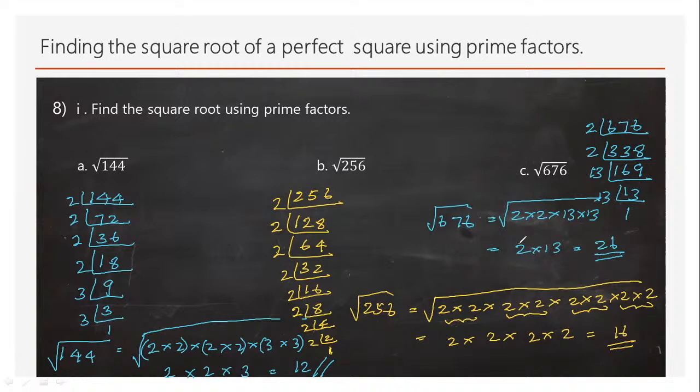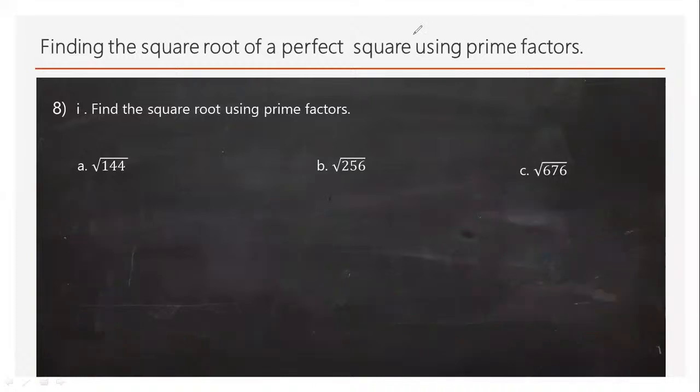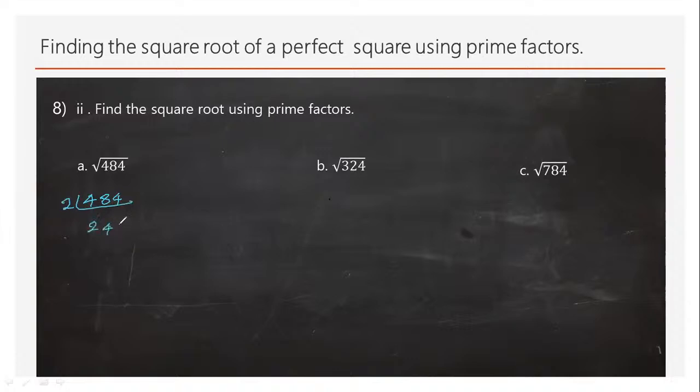Right, I will clear this one now. Find the square root using prime factors here. 484. I know you all can do the prime factorization method now. 484 divided by the smallest prime number 2, 242. Again divide by the smallest prime number, 121.